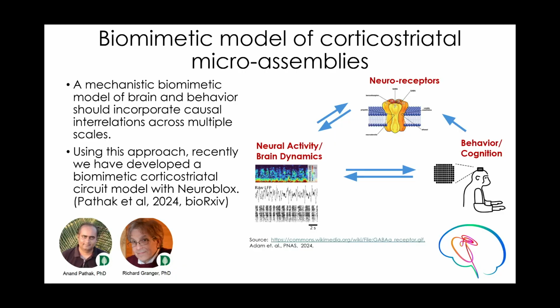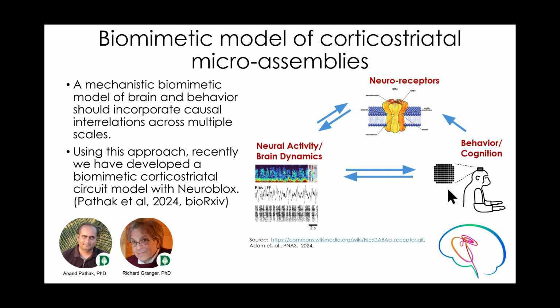So first, let's move on to the corticostriatal model. As I was saying, you've seen the full model, and the full model was based on mechanistic principles about how the brain and behavior should incorporate interrelations across multiple scales, starting from neural receptors, to neural activity of individual neurons, and then up to behavior.